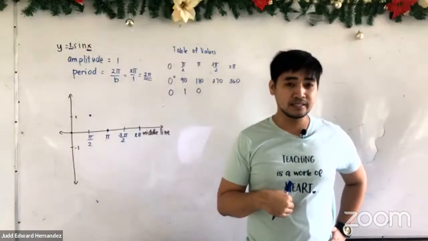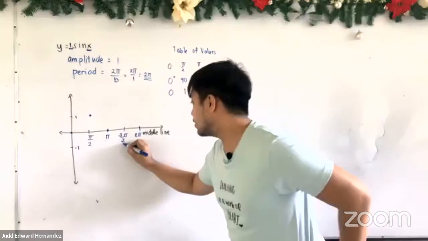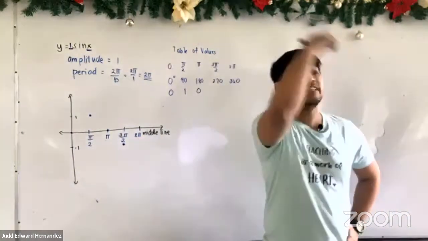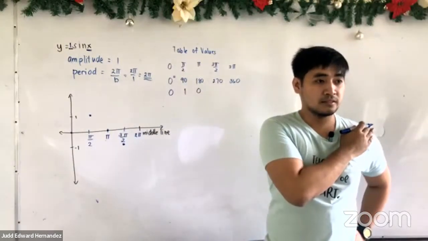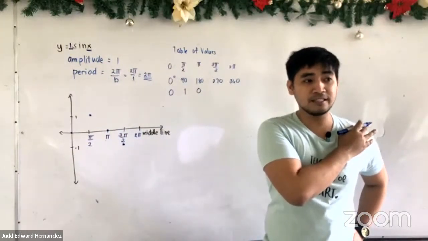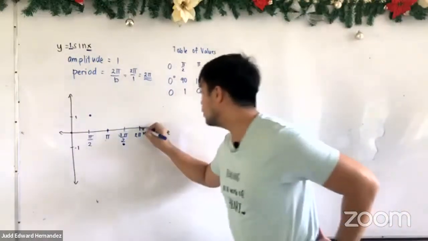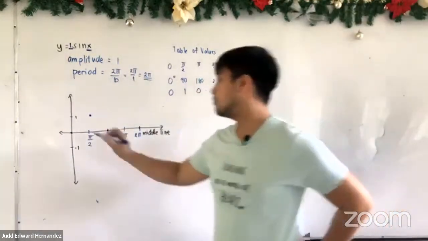And that is negative 1. Is there a value for sine 360? Bumalik dito. Wala po. Therefore, that is 0. This is negative 1. This is 0. Okay? We now have the nature of the graph for sine value.